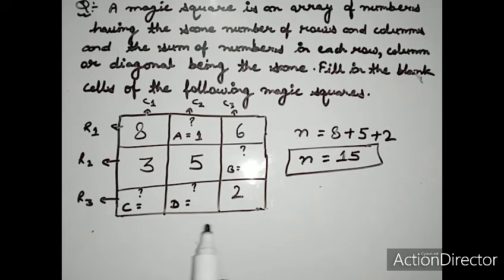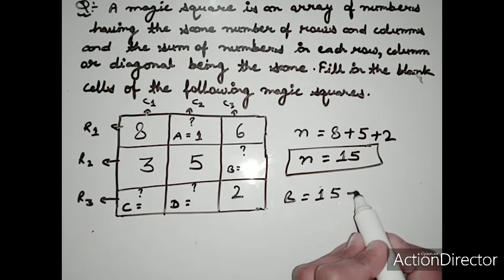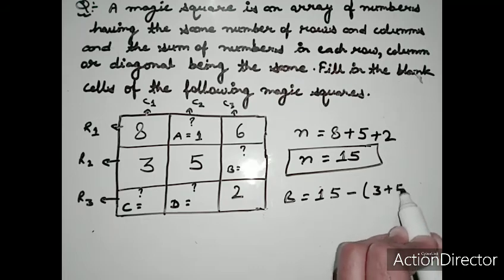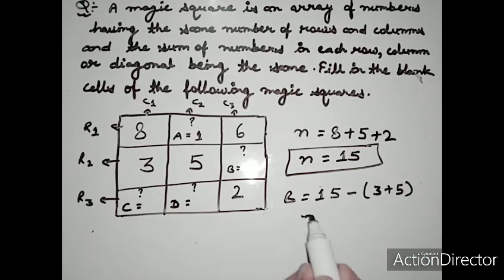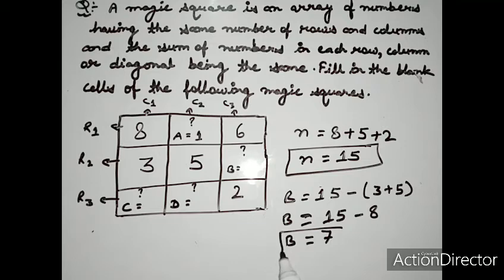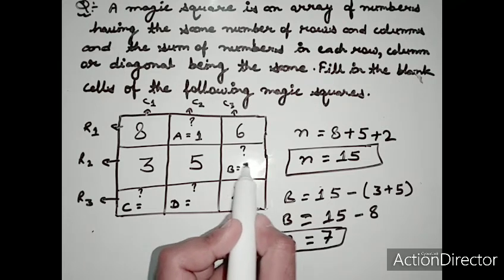Now we apply the same rule with b to find b. So b equals 15 minus, now we add these two numbers, 3 and 5. So b equals 15 minus 3 plus 5, which is 8, and 15 minus 8 is 7. So here we get b equals 7.